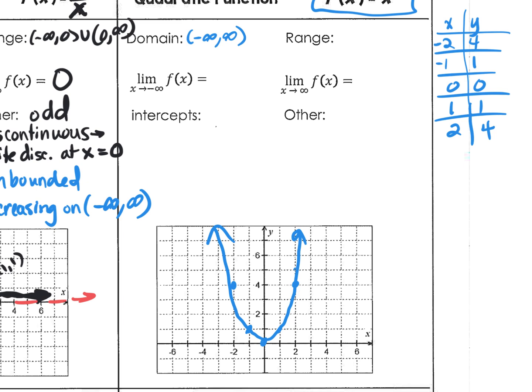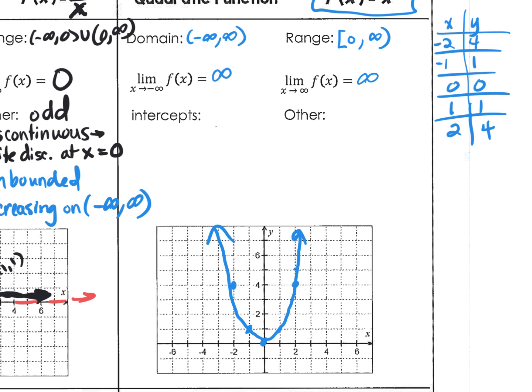Lowest is 0, so it goes from 0 to where? Good. The range is from 0 to infinity. Since both ends go up, let's remember, since both ends go up, what is my end behavior for both sides? Yes, thank you. Positive infinity. Goes up for both, doesn't it?